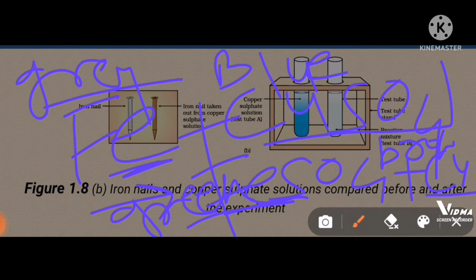The deep blue color of copper sulfate fades. Why does it fade? Due to the formation of light green solution of iron sulfate. A red-brown coating of copper metal is formed on the surface of the iron. This displacement reaction occurs because iron is more reactive than copper.